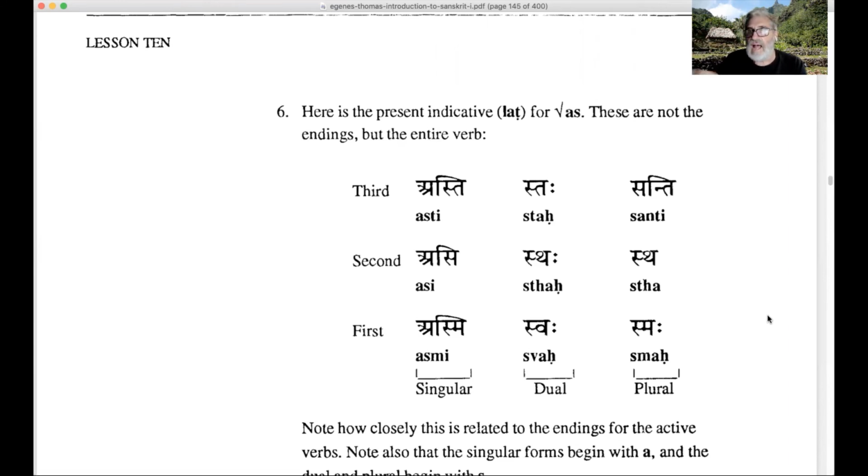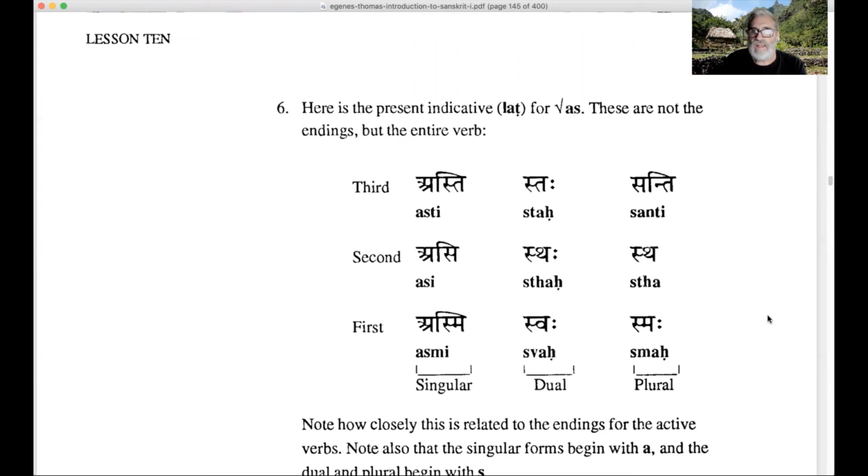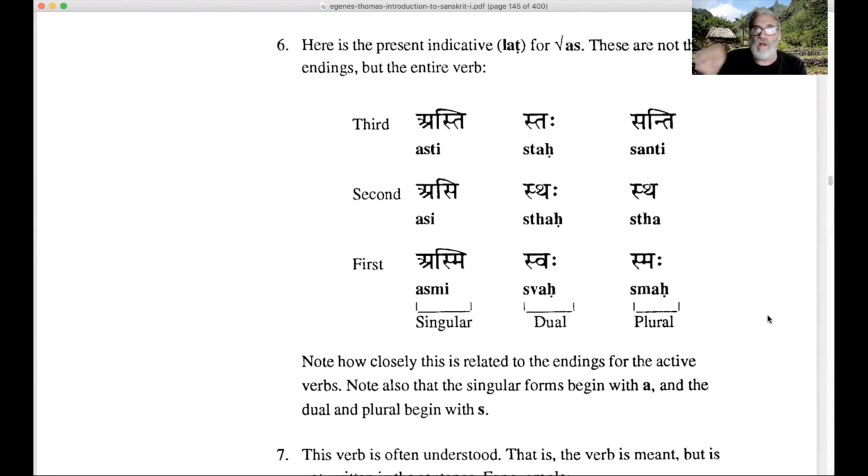Asi, sthaha, stha. Asmi, svaha, smaha. That's how we conjugate the verb as, to be, in Sanskrit.